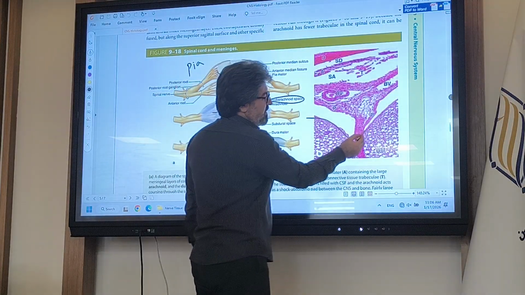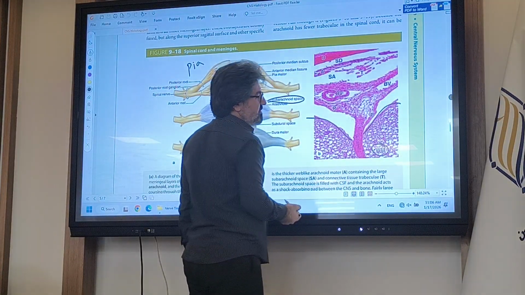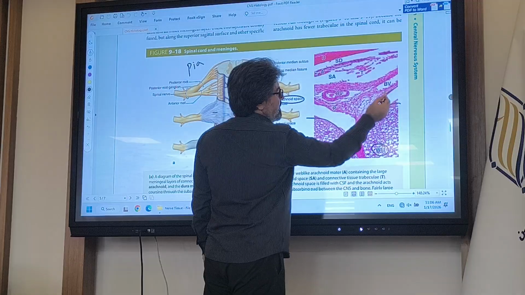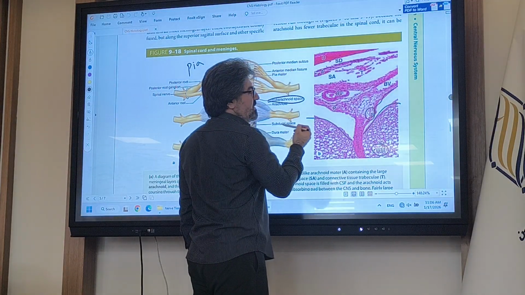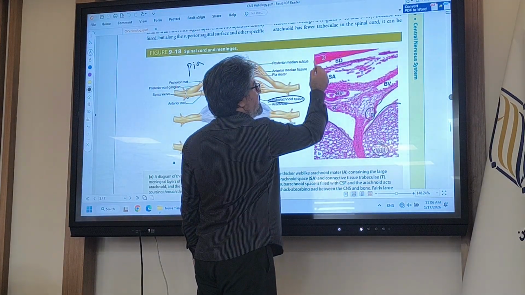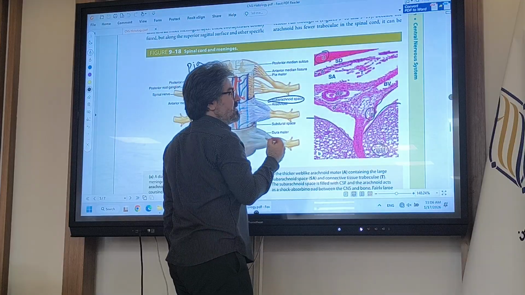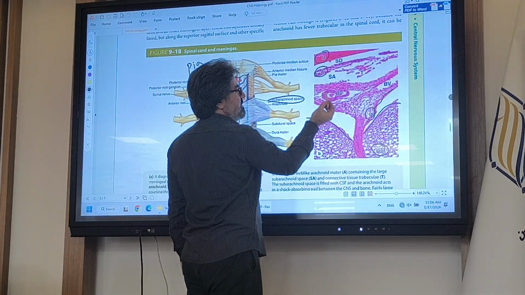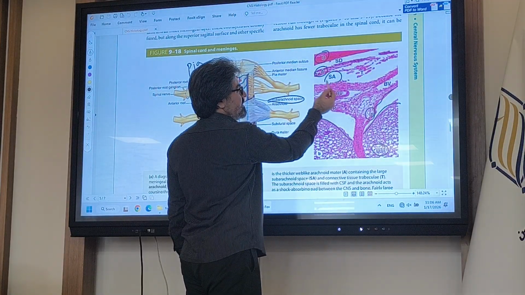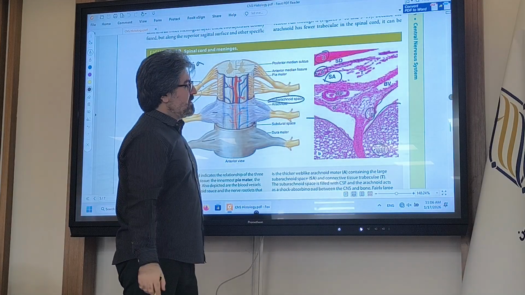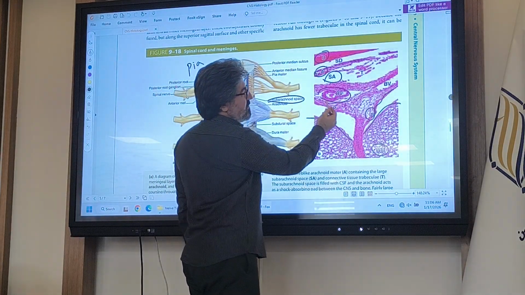And here is the histologic picture, an image of meninges of the spinal cord. This is the outer part of a spinal cord, that is white matter. The inner layer is pia mater. The outer layer dura, and between them arachnoid. And below arachnoid is subarachnoid space. Here you can see some vessels, blood vessels.